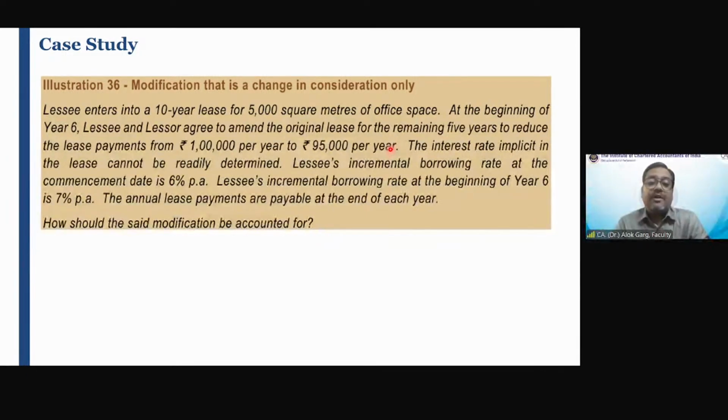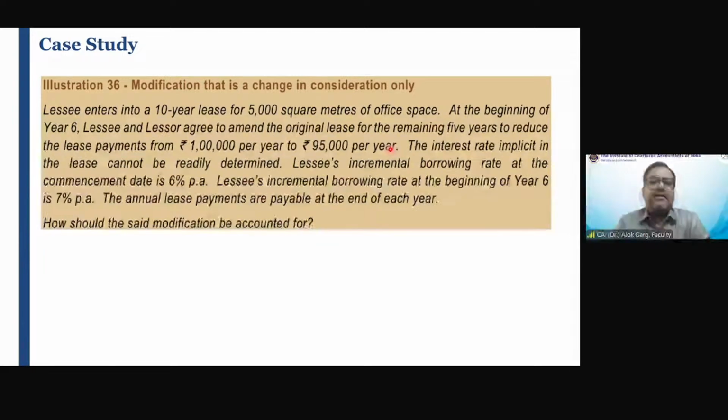So what is the counter impact? ROU will also decrease, right? When lease liability was increasing, we credited lease liability and debited the ROU asset. But when the lease liability is decreasing, lease liability is debited, so ROU will be credited. Let's take a hypothetical example.